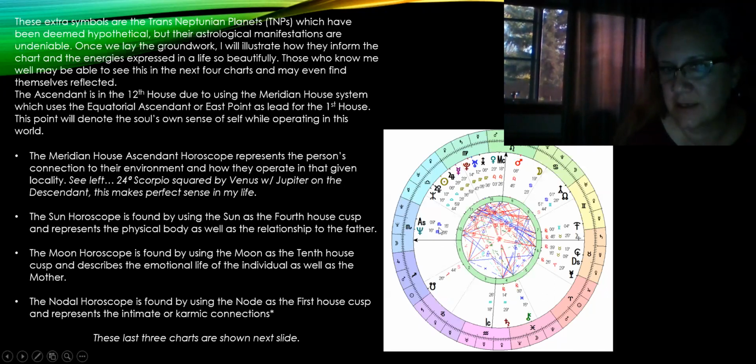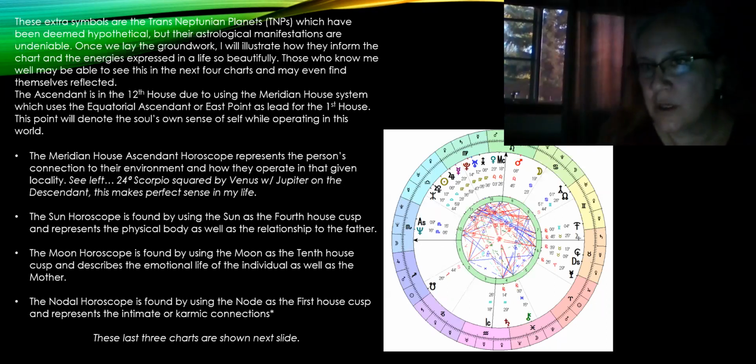Here's my natal ascendant here at 9 Scorpio, but the Equatorial Ascendant has me at 24 Scorpio, and that really reads very well in my chart, very strongly, being squared to Venus at the top, and with Jupiter right on the Equatorial Descendant there.